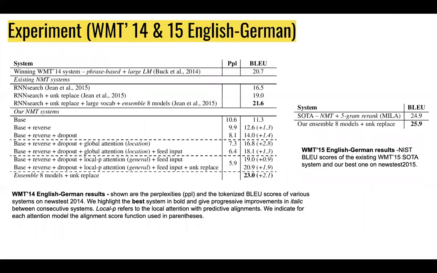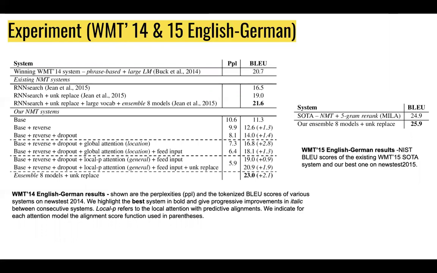For the experimental results, in the left part, this is the translation from English to German results in 2014. We can see the model proposed by this paper has beaten the SOTA one.